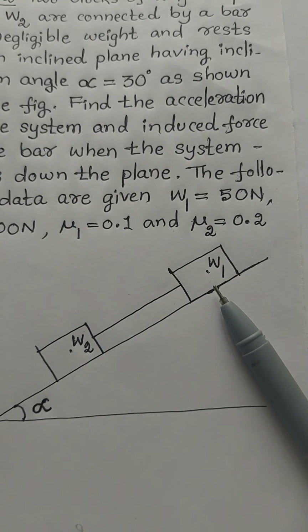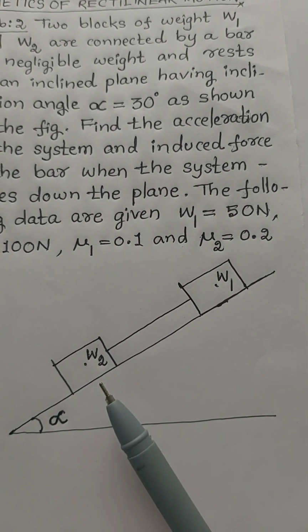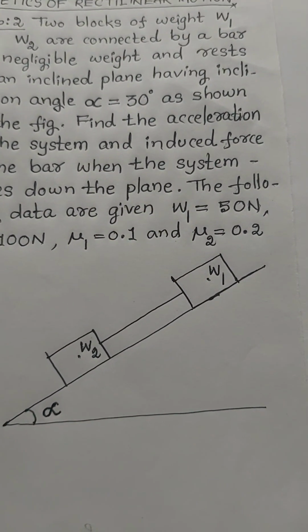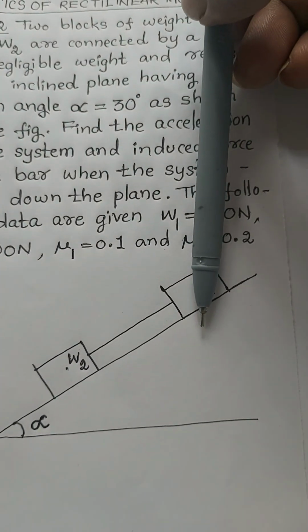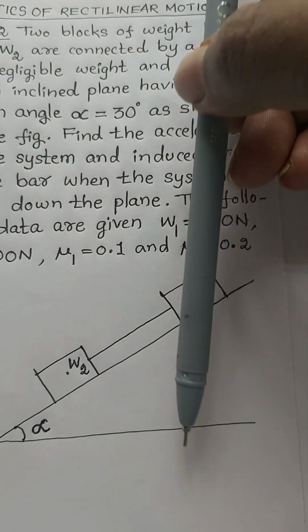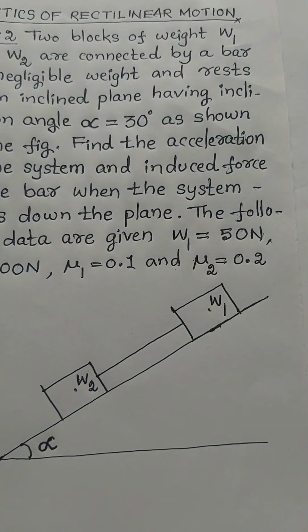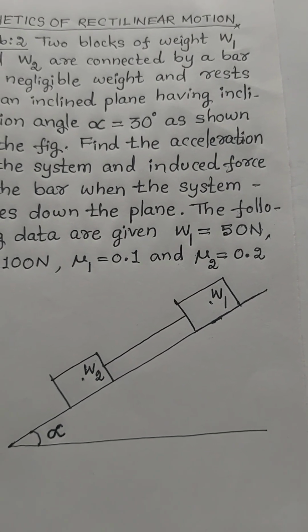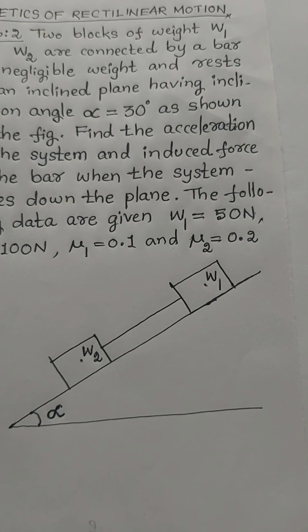R1 and R2 reaction forces we have to introduce in the free body diagram. Weight of each block acts downward, perpendicular to the horizontal ground, for W1 and W2. Considering all these forces, we have to draw the free body diagram for W1 and W2 separately.